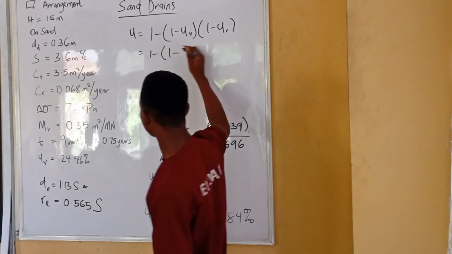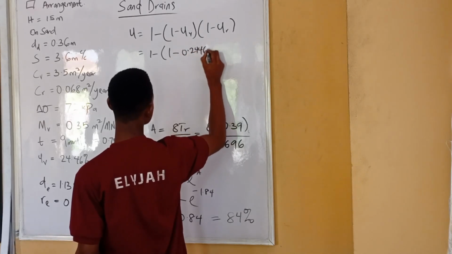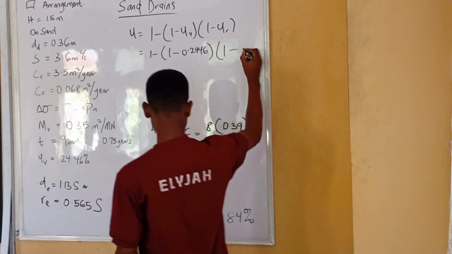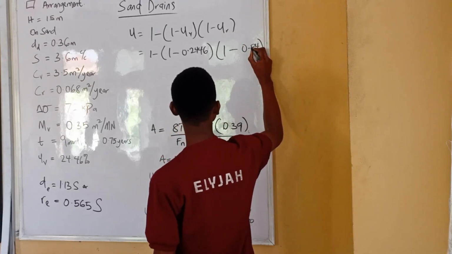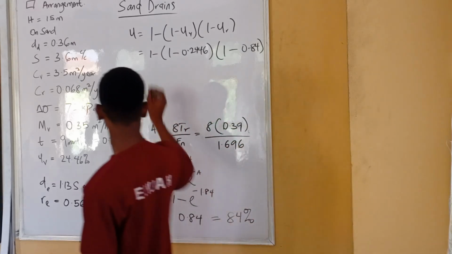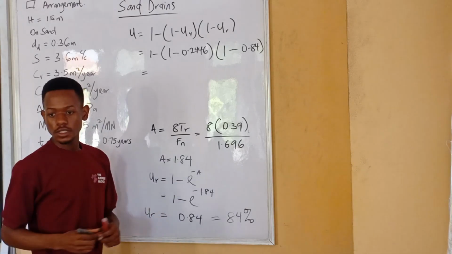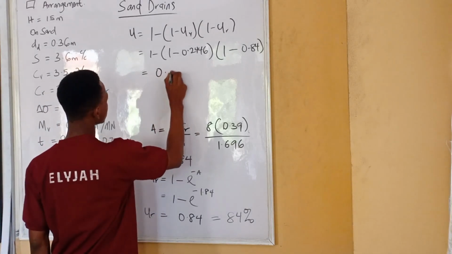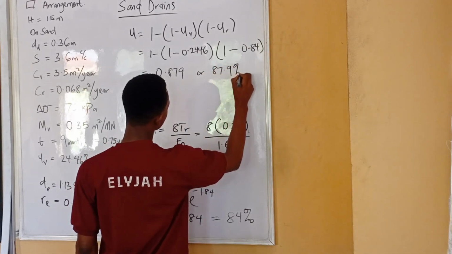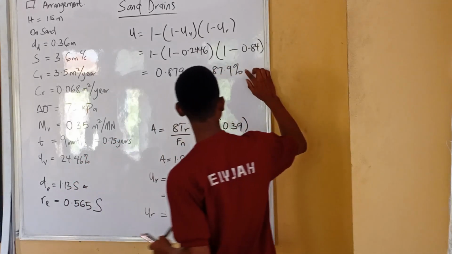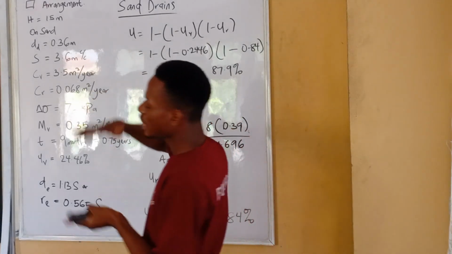Remember, we are subtracting from 1. So that's 0.24, right? 0.84. So what does that give us? 0.879, or 87.9%. So that means at the end of 9 months, almost the final settlement will be achieved.